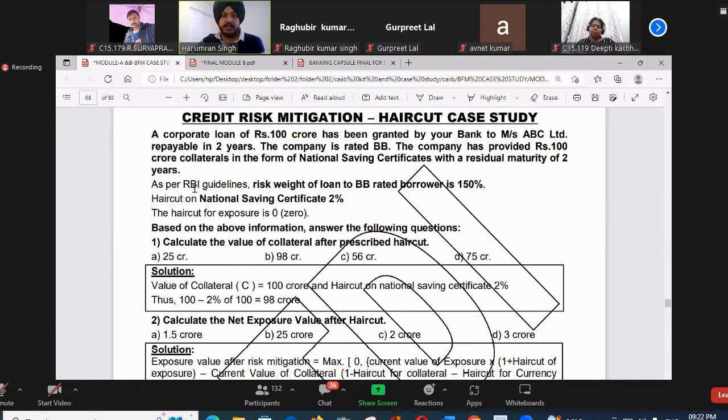He says a corporate loan of 100 crore has been granted by the bank, which will be repaid in 2 years.